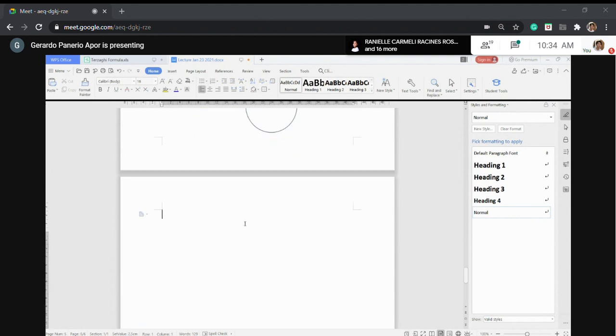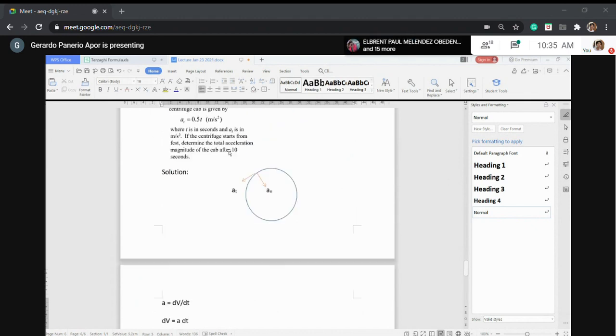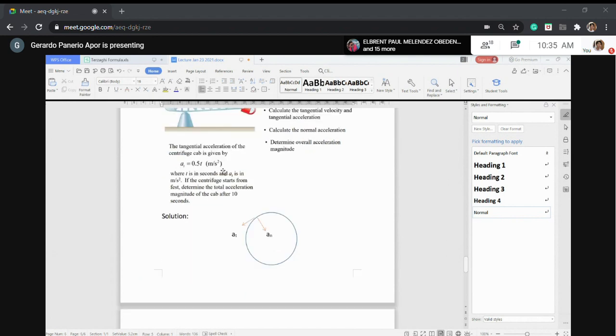We know also that acceleration is equal to dv/dt. From that, we have the equation dv equals a dt. In this problem, acceleration is a function of time, so dv equals 0.5t dt.